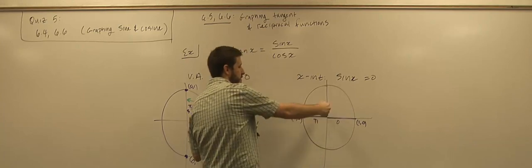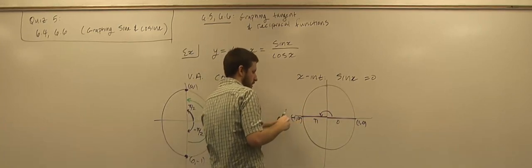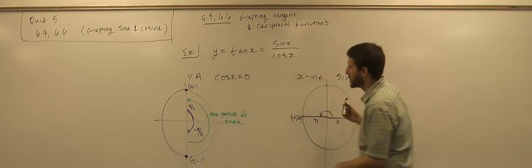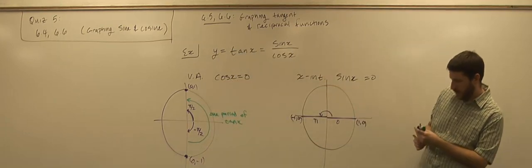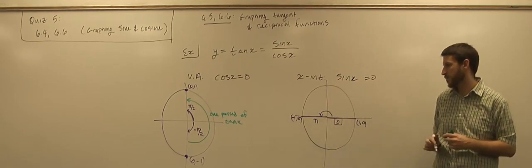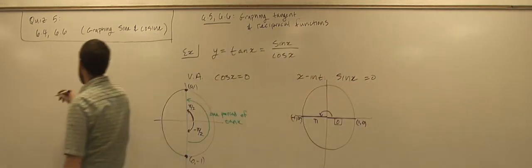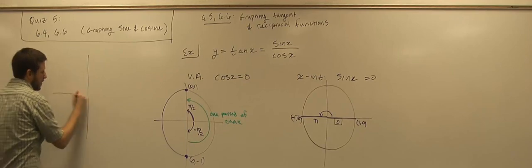This could be at pi radians if you go this way. So for sine x equals 0, my first x-intercept is going to be at the origin, at the angle 0. This is the one I'm going to use. And to get a quick sketch, that's pretty much all you need.